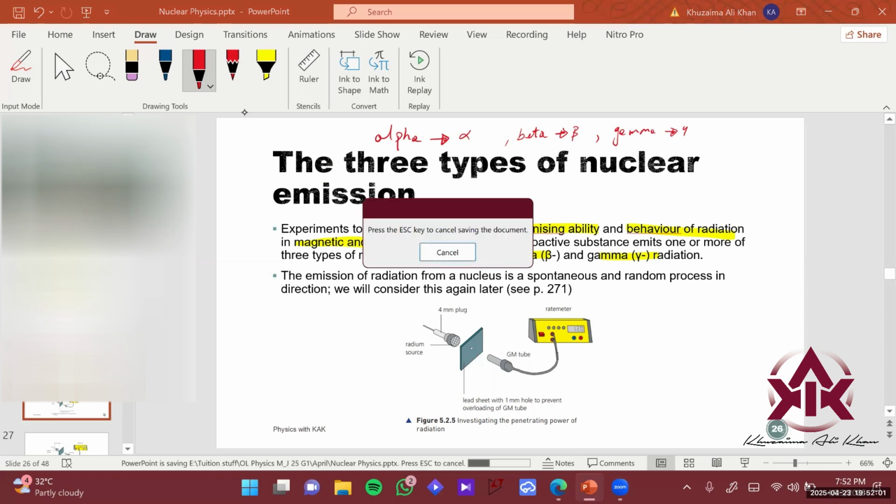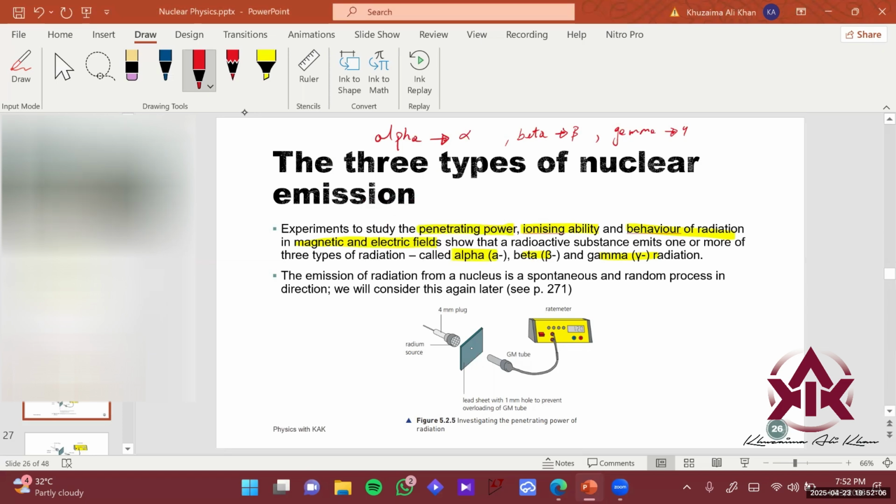So, what is the procedure? How is the experiment going to be? So, we will have a source, right? We will have a source here which is producing any one type of radiation. We'll have a small hole here which is going to pass a ray of that particular radiation here. And then we have the Geiger-Muller tube here, which we just learned. It is going to count how many counts are here, which is basically counting the strength of the source here, कि how strong is the radiation produced here.